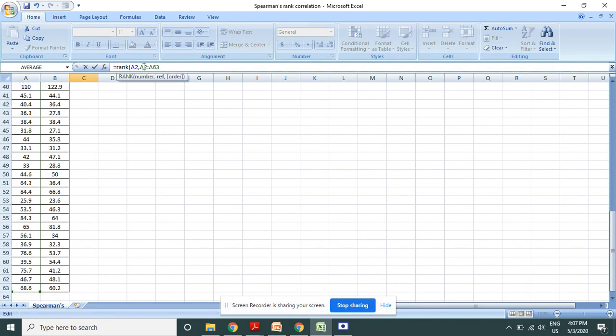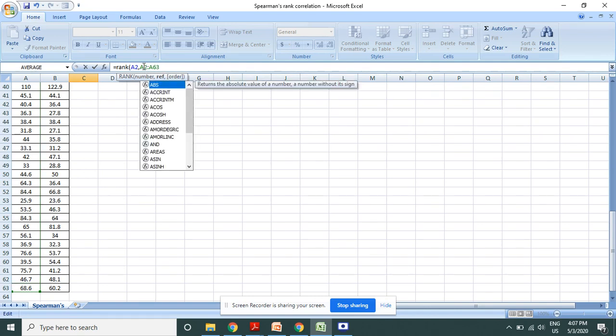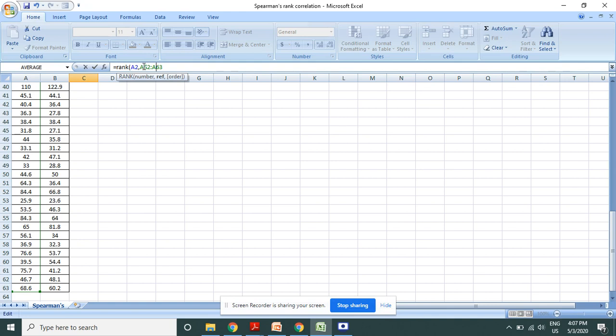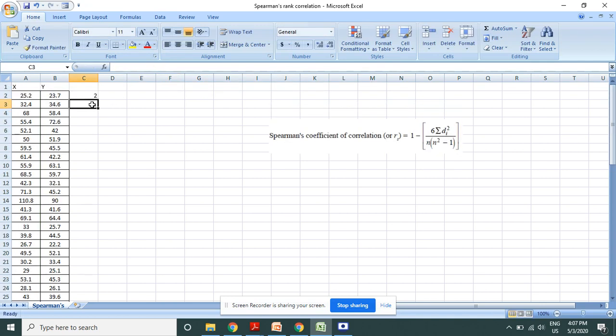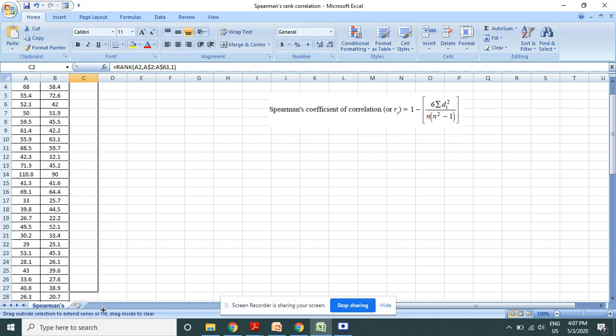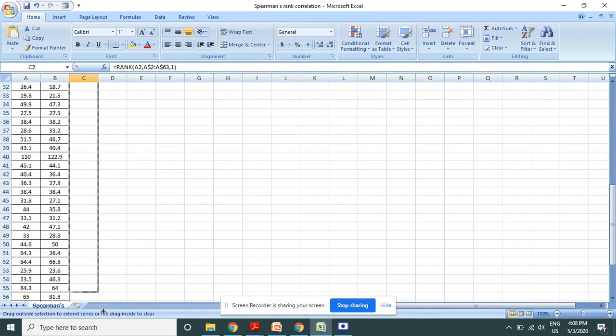Now since this array is fixed, we have to make it constant. And for ascending order, we have to put 1. Then we got the rank. We can extend this formula to the whole array.